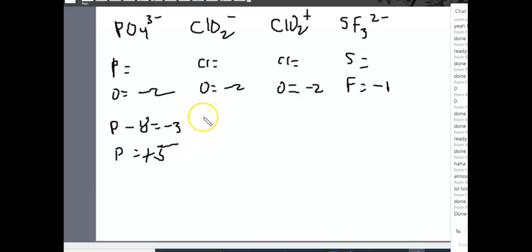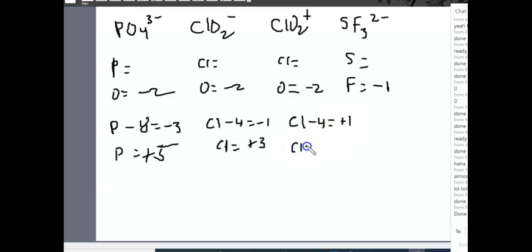If you have a question, either say question or turn on your mic, and I can answer it. For the chlorine, it's chlorine -4 equals -1. So the chlorine will be a +3. Right? In this case, it's chlorine -4 equals +1.